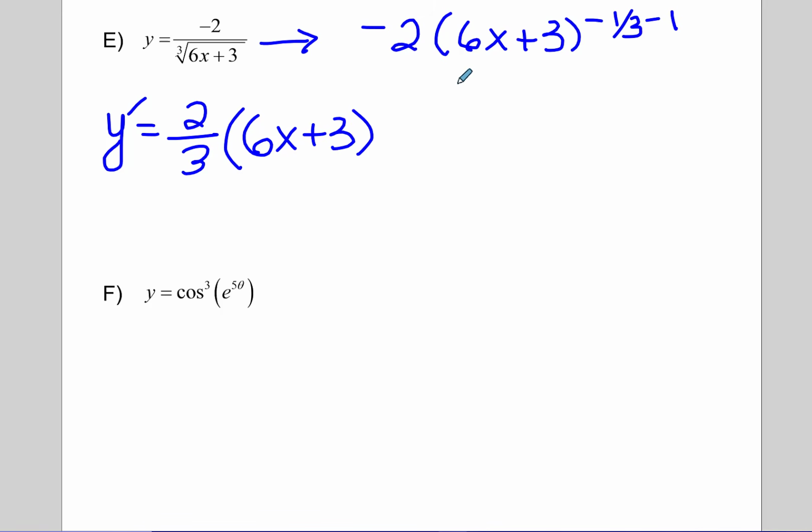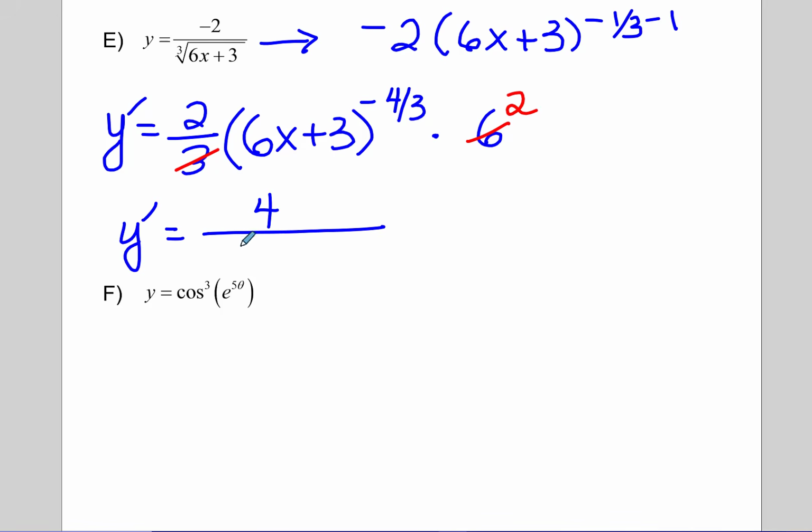Subtract 1 from the power, and then multiply by the derivative of the inside. That would be 6. Clean that up. 3 divides 6 2 times, and then our final result would be 4 in the numerator and 6x plus 3 to the positive 4/3 in our denominator.